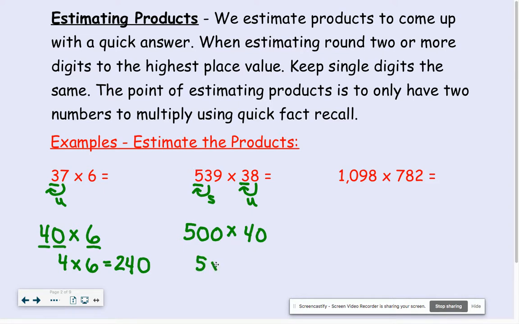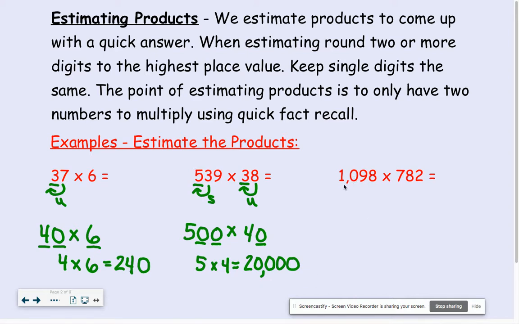We have 5 times 4. 5 times 4 is 20. Now the trick is to count how many more zeros there are. 1, 2, 3. So I need to add in 3 zeros. And then I can put my comma in. So 539 times 38 should get me an answer around 20,000.